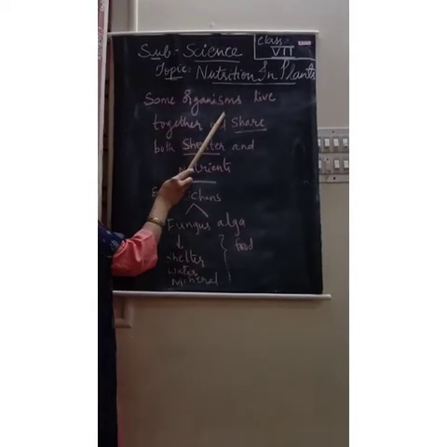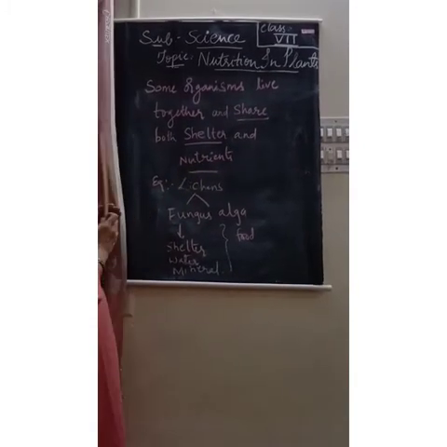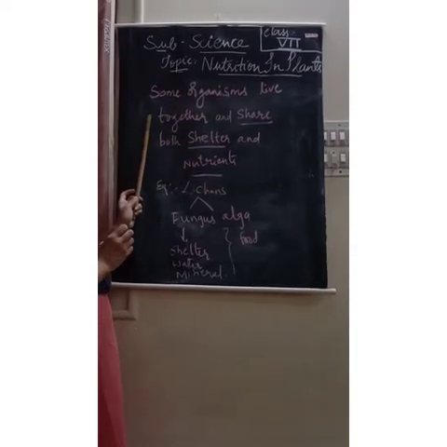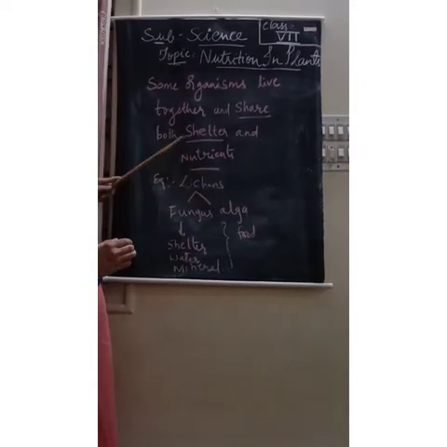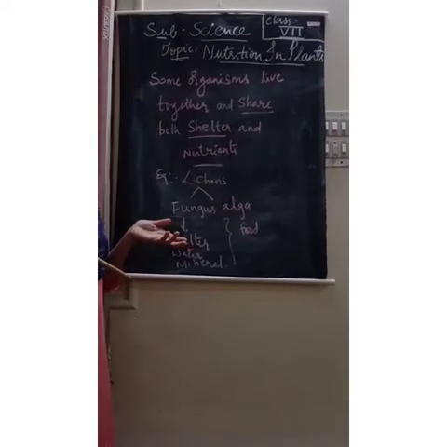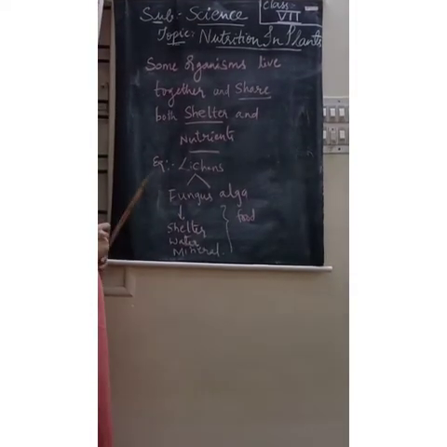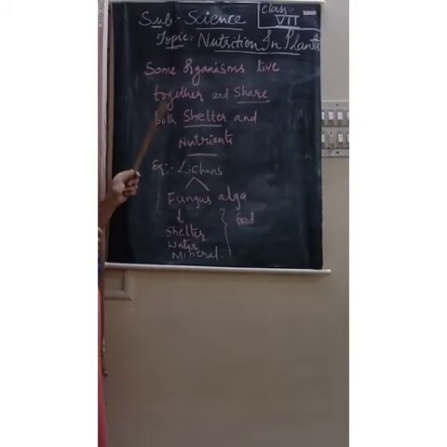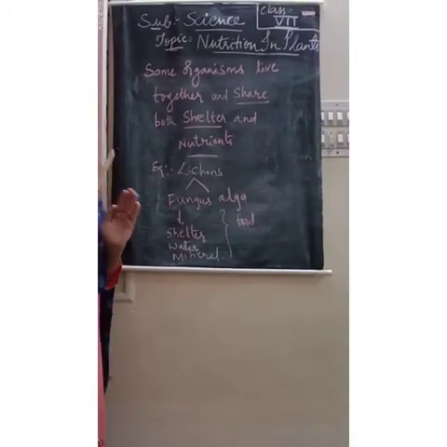Some other organisms live together and share both shelter and nutrients. What does it mean? Two organisms living together share shelter and what else? Nutrients. If some plants do not have chlorophyll, they cannot prepare their own food, so the other organism will provide shelter, water and minerals. Such a relationship is called symbiosis, a mutual relationship between two organisms.